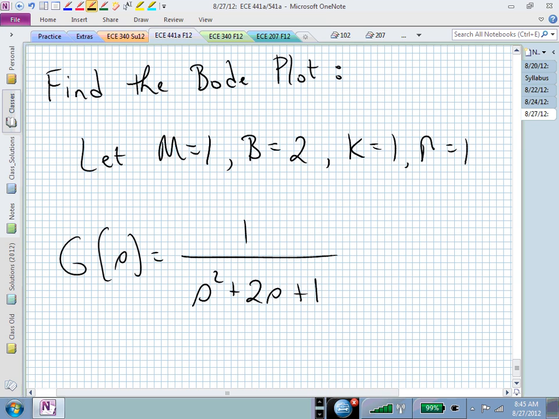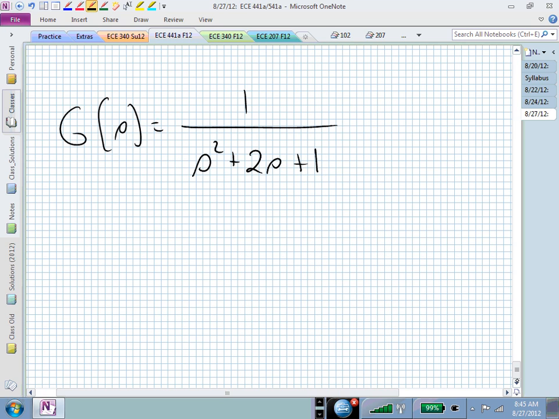Here we have a slower system and we have a much more damped system because our damping factor is 2, and now we have this much more damped system to deal with or to play with. What does this system look like in terms of poles and zeros? What's my DC gain?